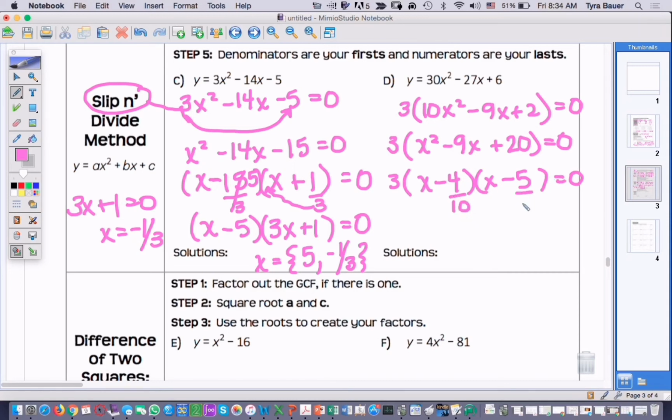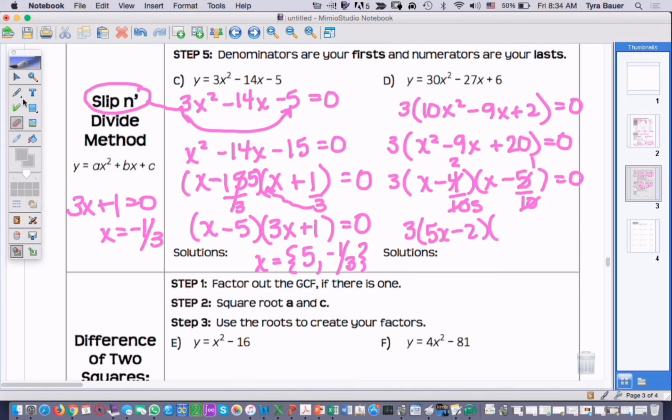Now what do I do? Divide by 10. Okay, so I can simplify over here. 2 can go into both. So it's 5. This one is 1 and this one is 5. So would it be 5x? So I have 5x minus 2 times.